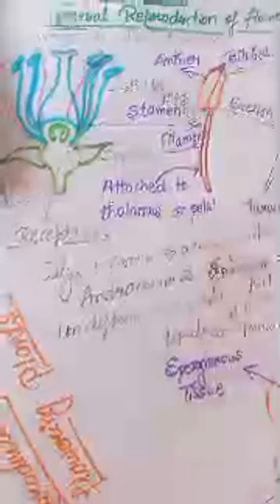Each lobe is dithecous, containing two microsporangia or pollen sacs, giving a total of four microsporangia in the anther.